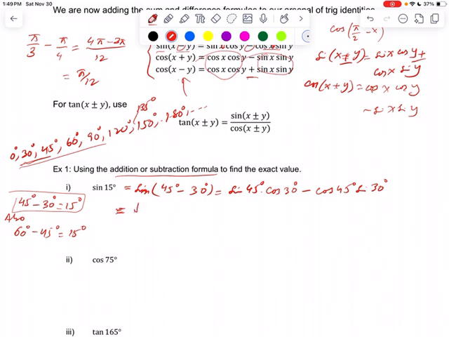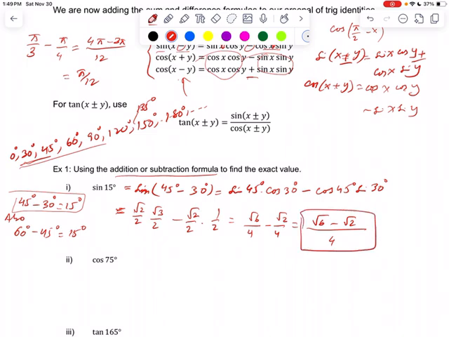Now sine of 45 is square root of 2 over 2. Cosine of 30 is square root of 3 over 2, minus cosine of 45 is square root of 2 over 2. Sine of 30 is 1 over 2. So I get square root of 6 over 4 minus square root of 2 over 4. So take the common denominator and on the top, so that is the value.